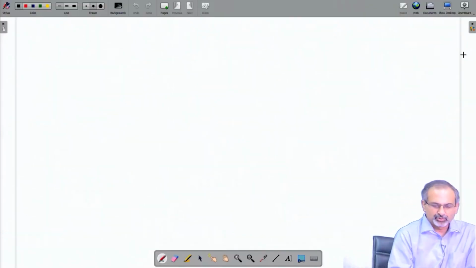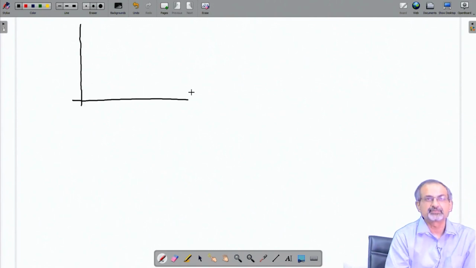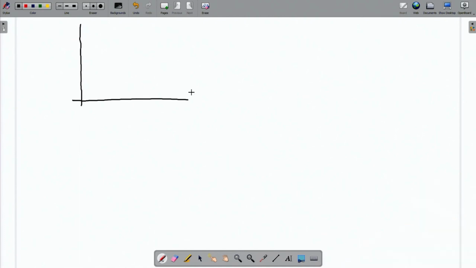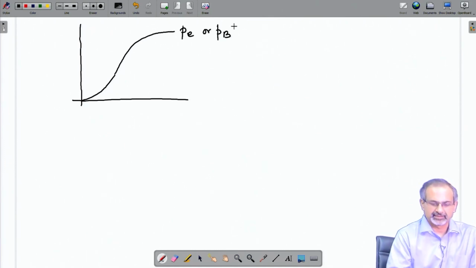Okay. Now, let us try to make a few plots to explain what happens if you change the back pressure further. Remember that we are using the terminology back pressure or exit pressure, P exit or P back, they essentially mean the same.